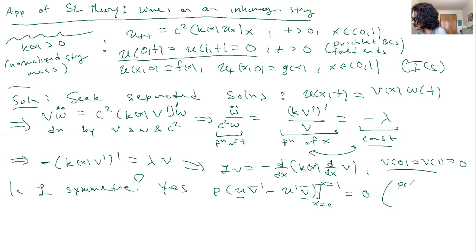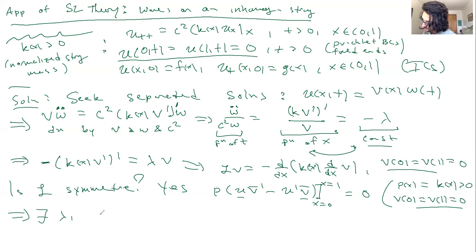And in the language of our Sturm-Liouville problems, our function p of x is equal to k of x, which is positive, and v of 0 equals v of 1 equals 0. That's our boundary conditions. So this implies, from Sturm-Liouville theory immediately, that we have an infinite set of eigenvalues, okay?